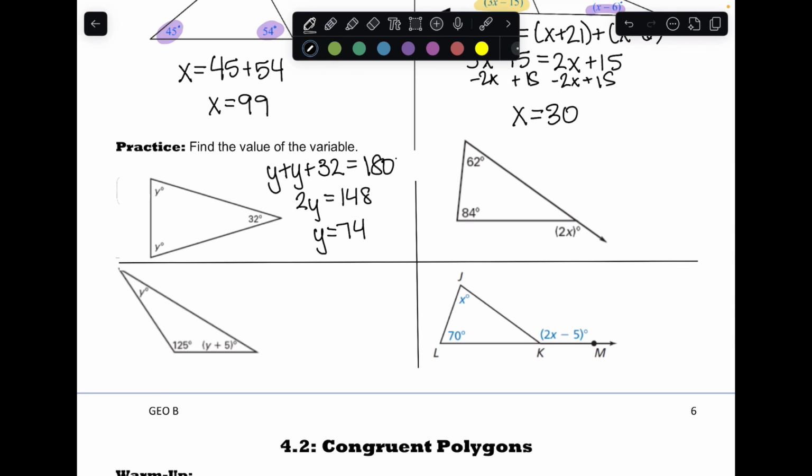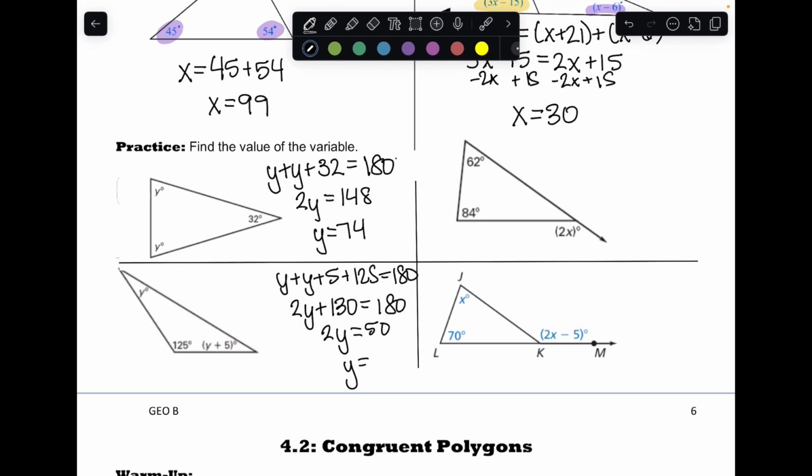Next one, same thing. I have all interior angles, so I'm going to add them and set them equal to 180. Combine like terms on the left. 2y plus 130 is equal to 180. Subtract the 130 over. I get 50 on the right-hand side.